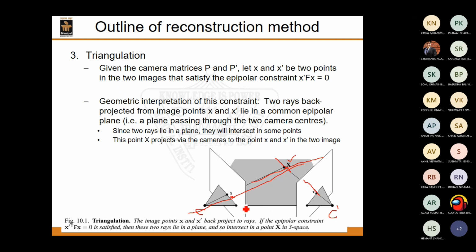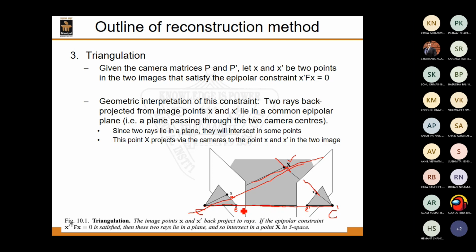So if we are considering the images, that is, if this X is lying over here, now you know that this point is called the epipolar point E, and this is the epipolar point E dash, right? So if the epipolar point itself is the image correspondence pair that we are considering, then this triangulation doesn't work, because we'll be trying to project the line which is joining this particular camera center with that of the image, and we are saying that in this projection you'll have the actual 3D point, but the corresponding image point pair is this one, and again it lies along the same line.